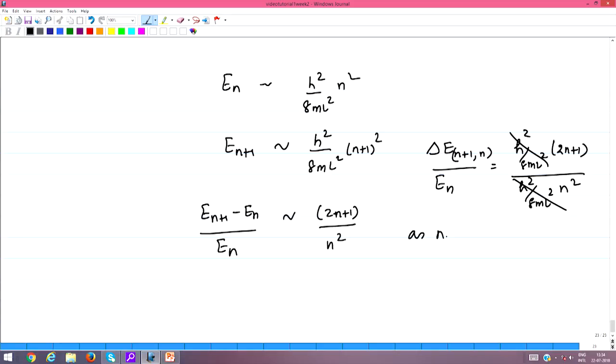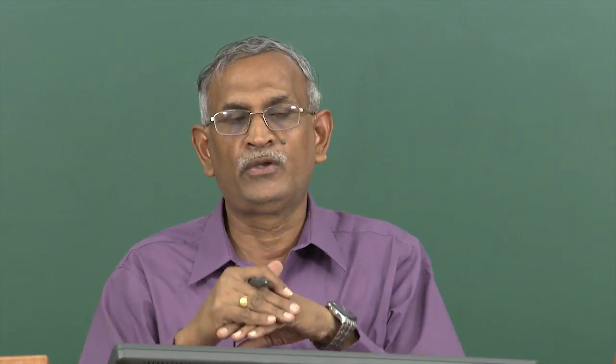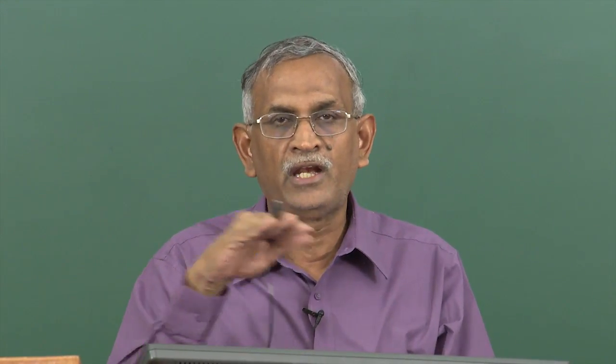As n goes to infinity, this goes as 2 by n plus 1 by n square, and therefore, it goes to 0. Therefore, delta E by E goes to 0 for very large values of n, which means that the energy levels are so dense and so continuous that the quantum description of energy discretization is no longer relevant.